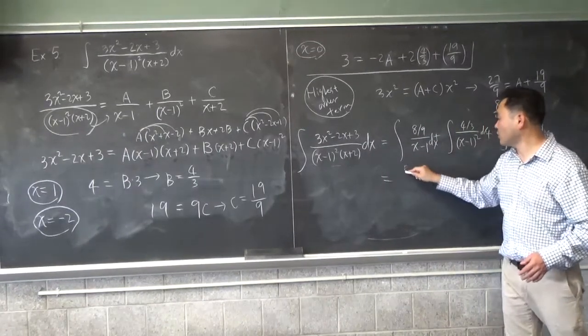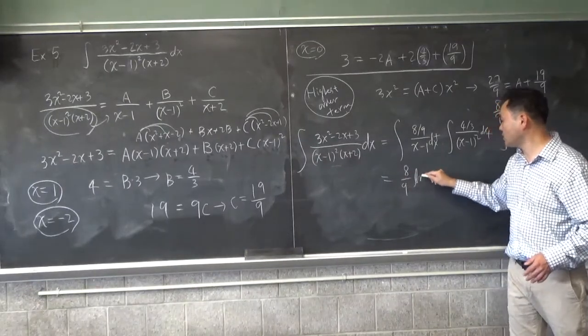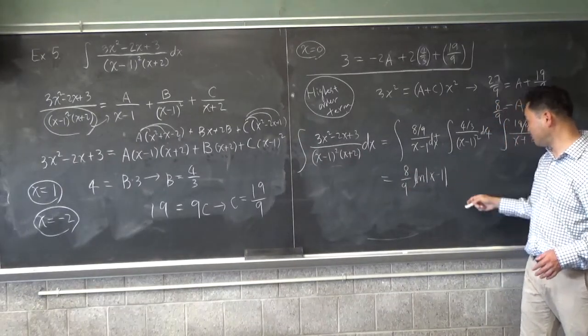This one gives you 8 over 9, ln of absolute value x minus 1.